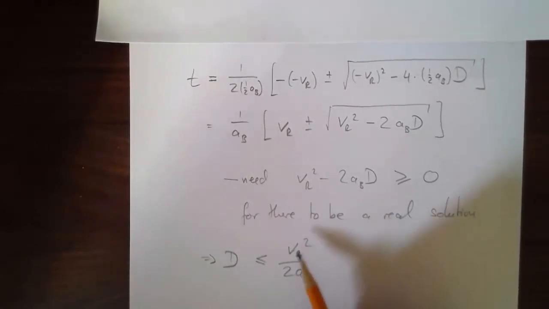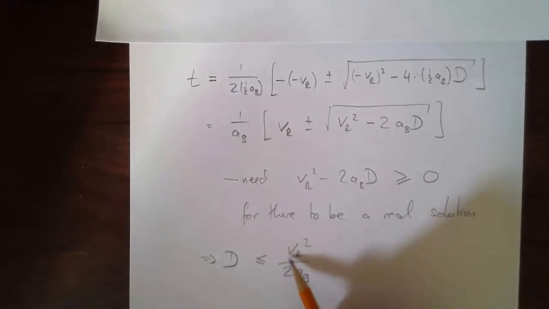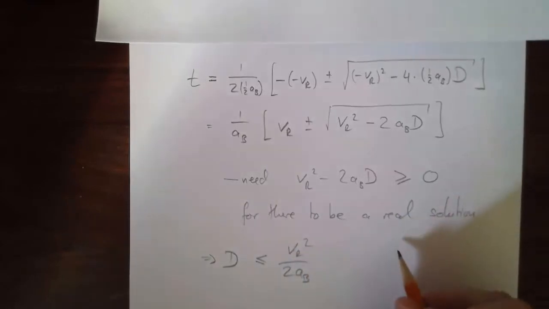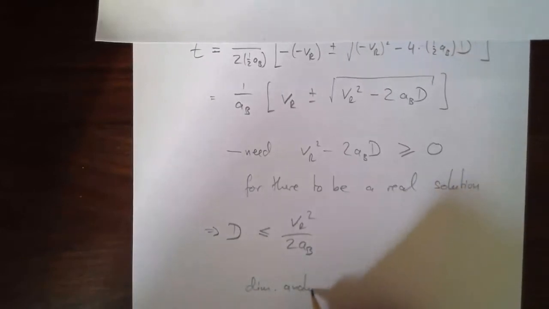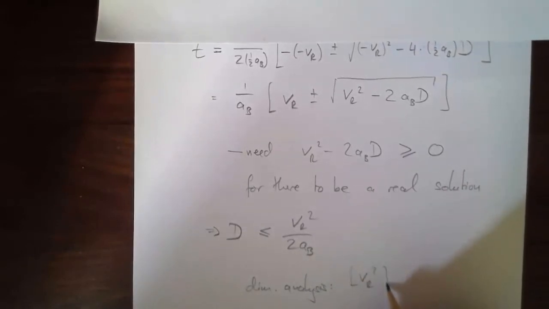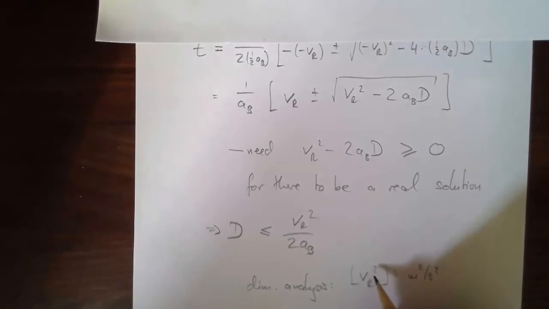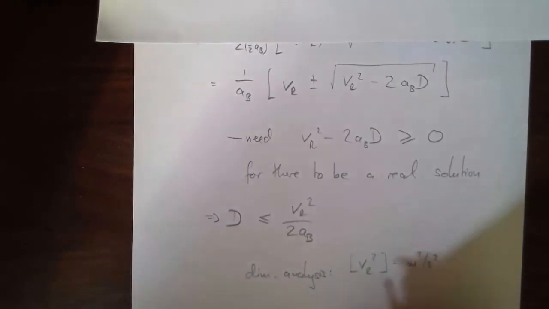Let's do another sanity check. Let's do some dimensional analysis. This is a distance. This is a velocity squared. Let's just write this down. Dim for dimensional analysis. The dimensions of VR squared are meters squared per second squared, because it's a velocity, meters per second, that gets squared.